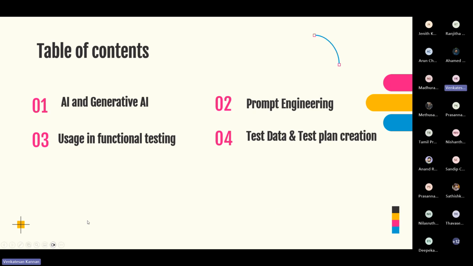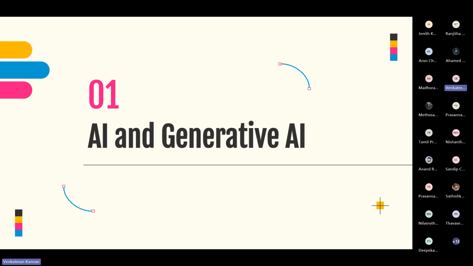Okay, so let's start. What is AI and generative AI? AI simply refers to artificial intelligence. It's the development of computer systems that can perform typical tasks which require human intelligence. These tasks include speech recognition, problem solving, learning, and decision making.